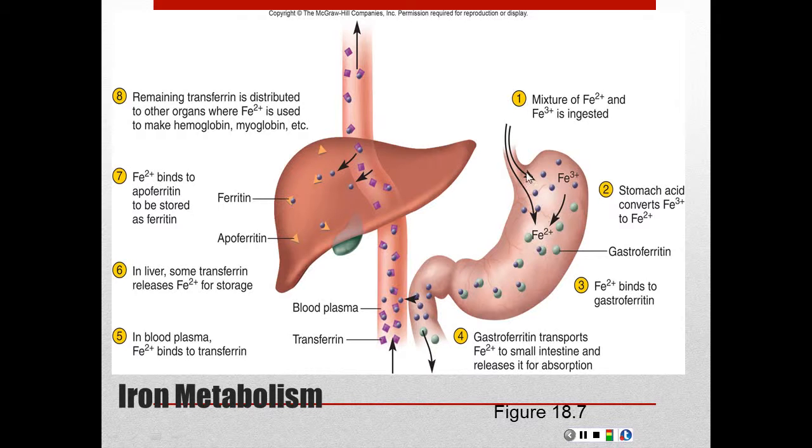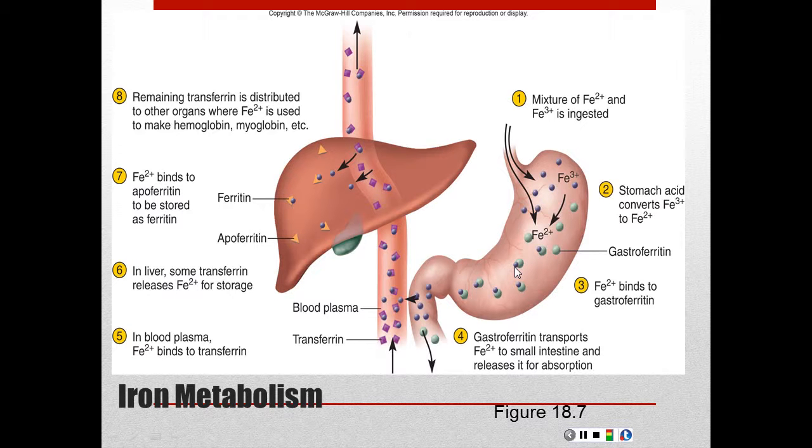Because remember, Fe3 is converted into Fe2 when it hits the stomach, and the stomach acid is what's converting it. So now we have the Fe2 binding with the gastroferritin, and this is what helps transport it to the intestines.